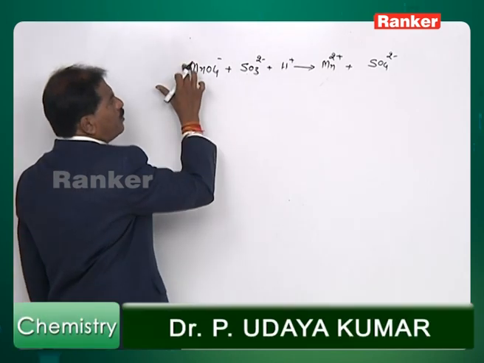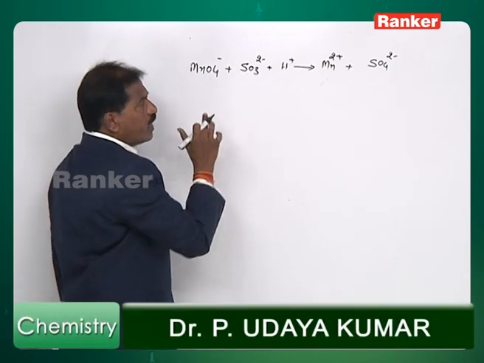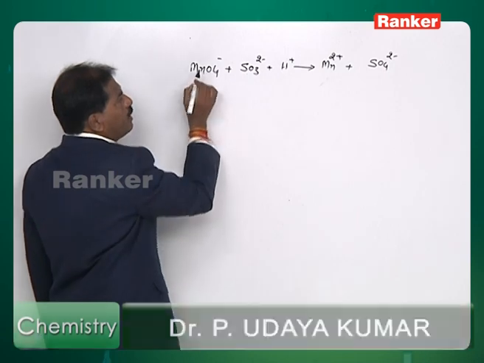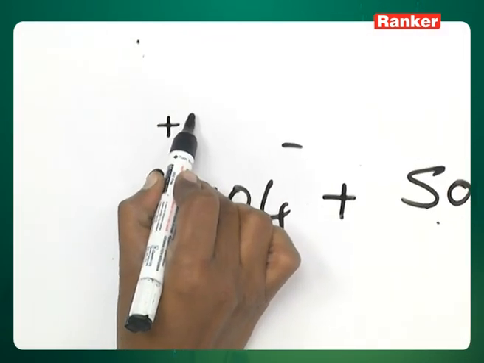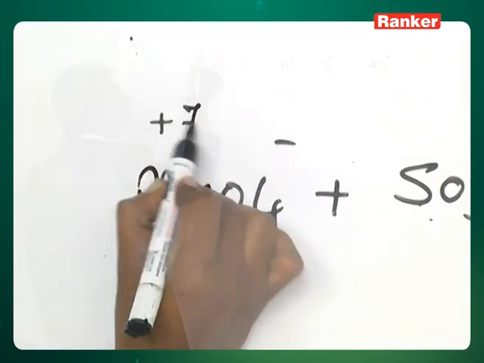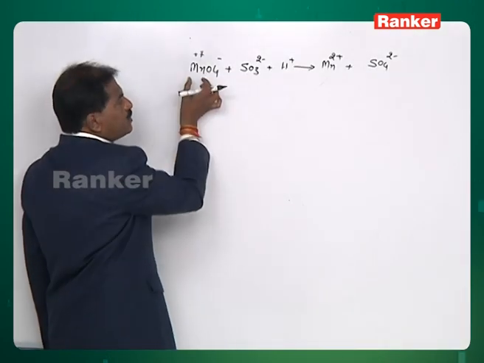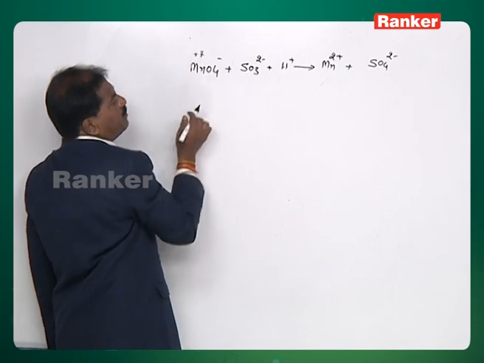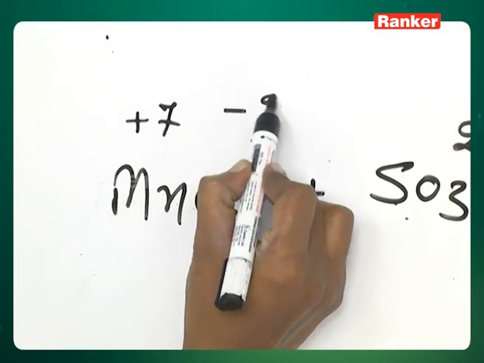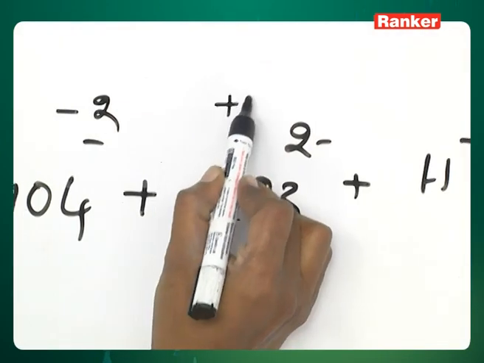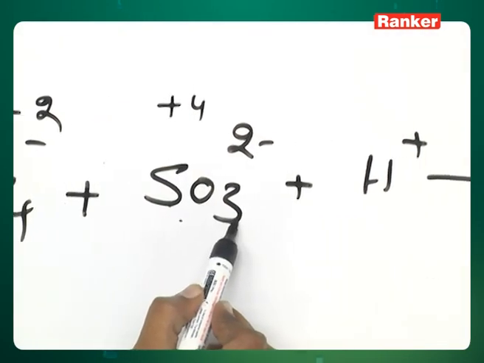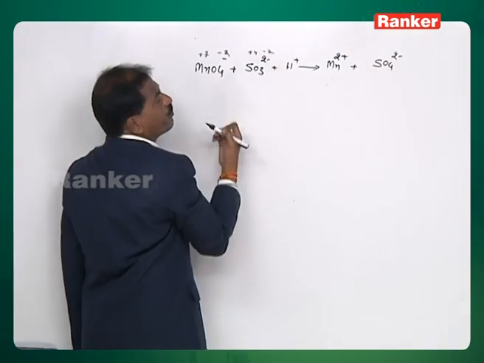Now we want to balance this reaction through the ion-electron method. In the ion-electron method, first identify the oxidation state of each and every atom participating in the reaction. Here, the oxidation state of manganese is +7, oxygen is -2, and sulfur is +4. The oxidation state of this oxygen is -2.